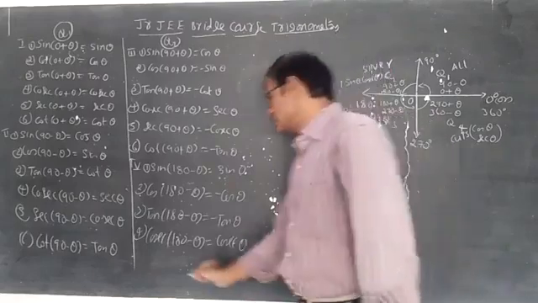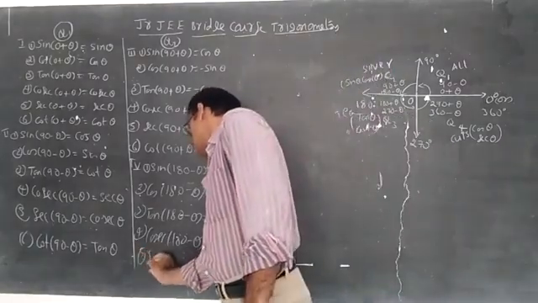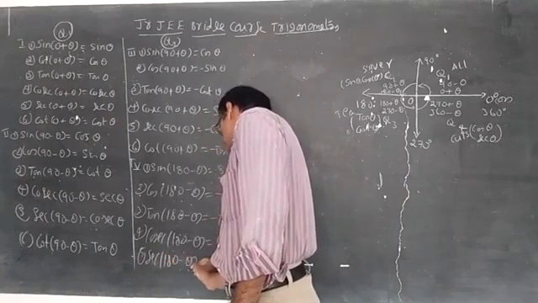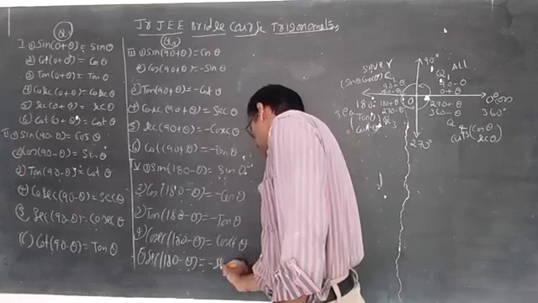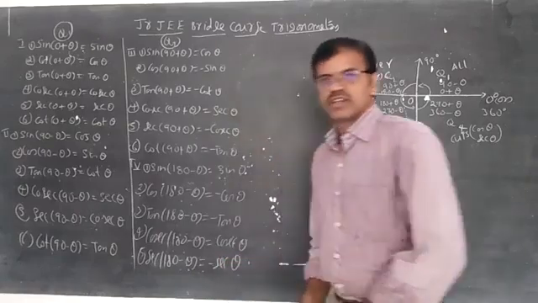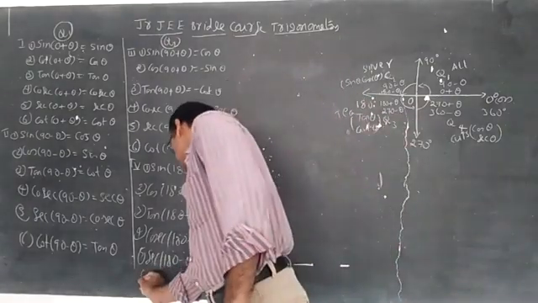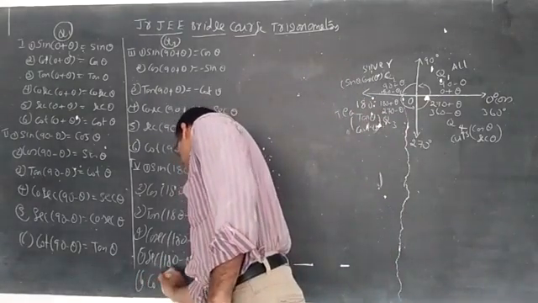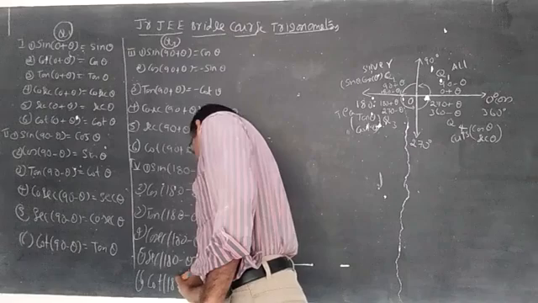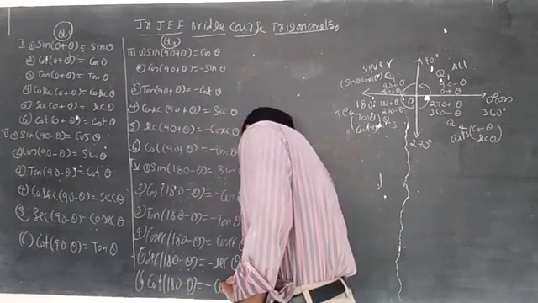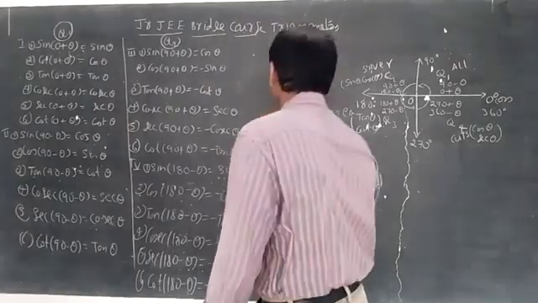Next, the fifth formula, secant of 180 minus theta becomes minus secant theta. The sixth one, cot of 180 minus theta. It is the second quadrant, so it becomes minus cot theta.